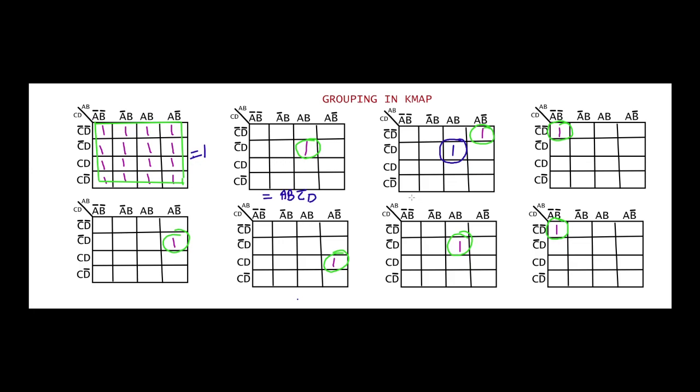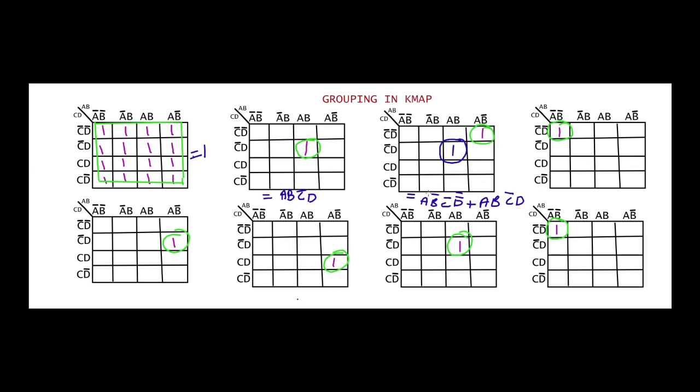That will be equal to A, B bar, C bar, D bar, plus this is another group now. So for another group, I have A, B and C bar D as common. That is A, B, C bar and D.